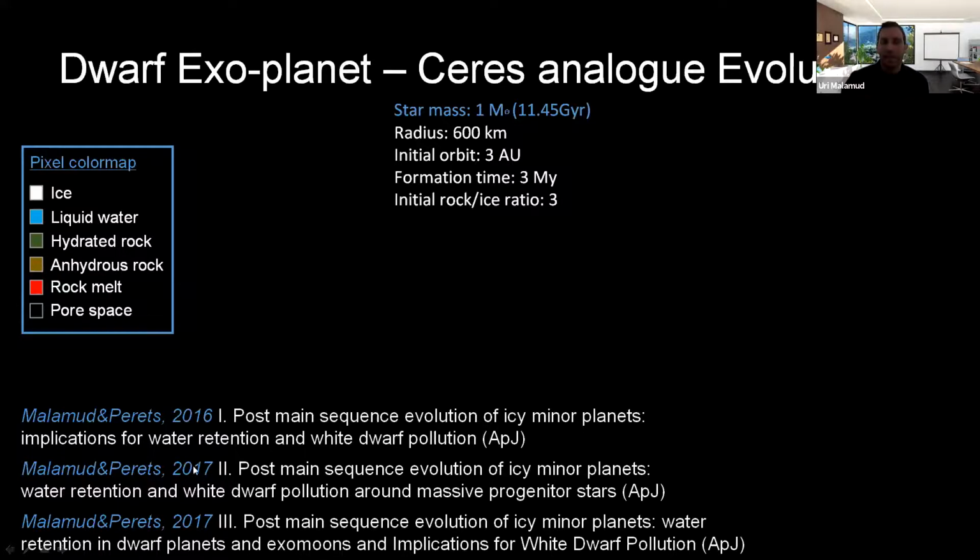And in the next paper, we also investigated not only a Sun-like star, but also stars of different masses. So we used the stellar evolution code called MESA in order to calculate the evolution of other more massive host stars. And in the third work, we also investigated not only small minor planets, but also dwarf planets.